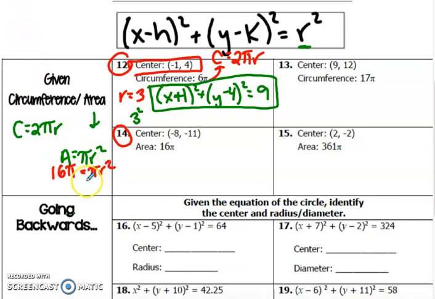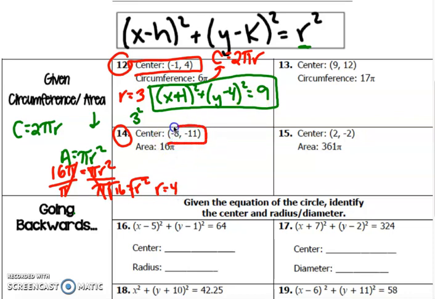To solve for r, we've got a little bit more work on this one, but I'm going to divide by pi, leaving you with 16 on the left side equal to r squared. To get r by itself, you're going to square root both sides, and so you'll get your radius of 4.